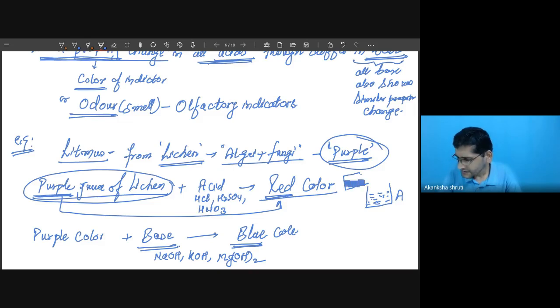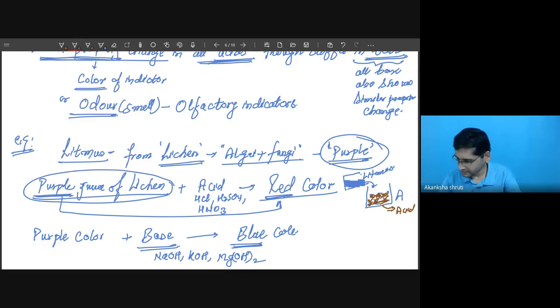If you take this as the chemical and add it to this litmus solution, you will observe that the color changes into red. If it changes into red, that indicates the chemical present in it was an acid.